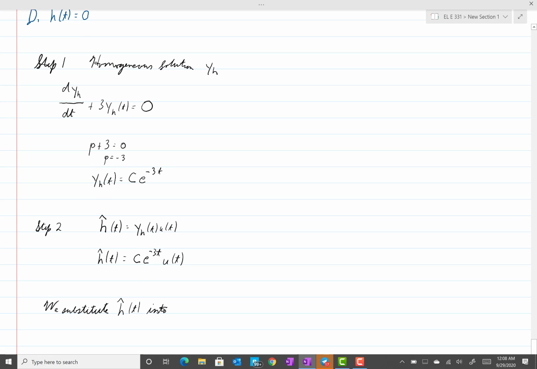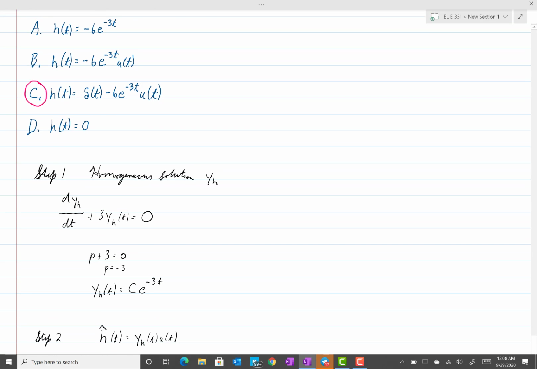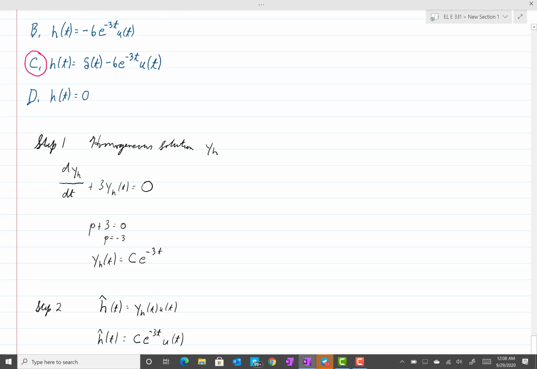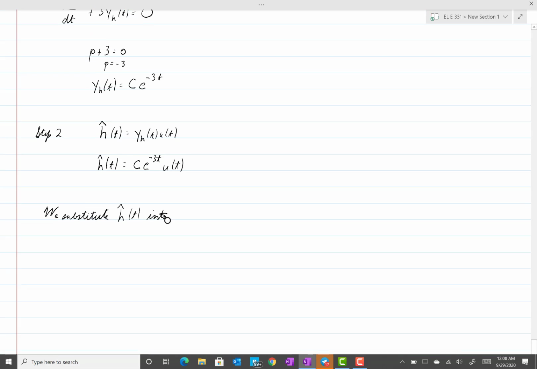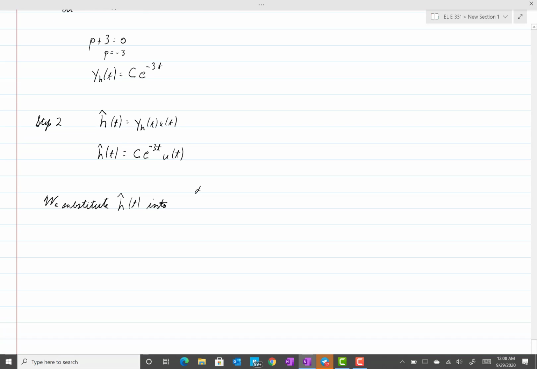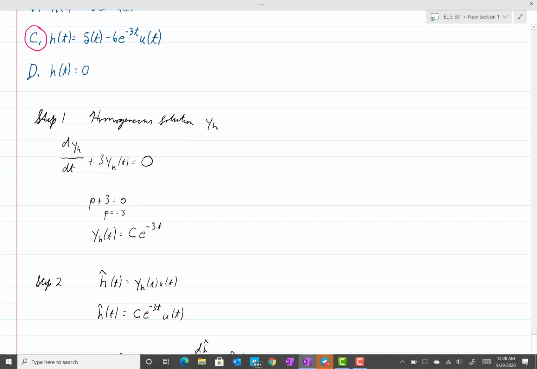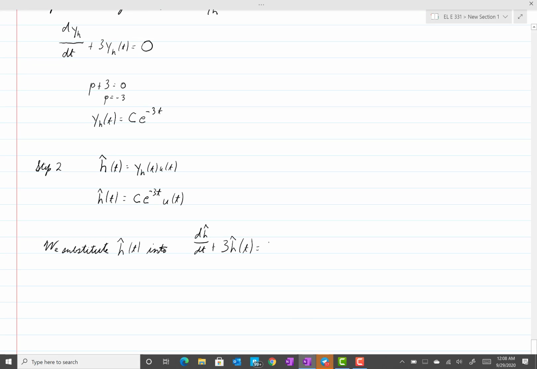what equation? Well, it's our original system equation on the left, dy/dt plus 3y of t. So in this case, d h hat/dt plus 3 h hat of t. So we stick in h hat for y on the left, but on the right we just put delta of t.